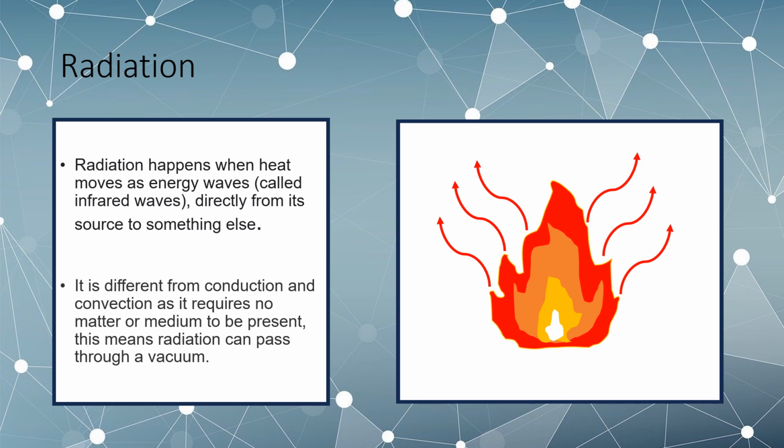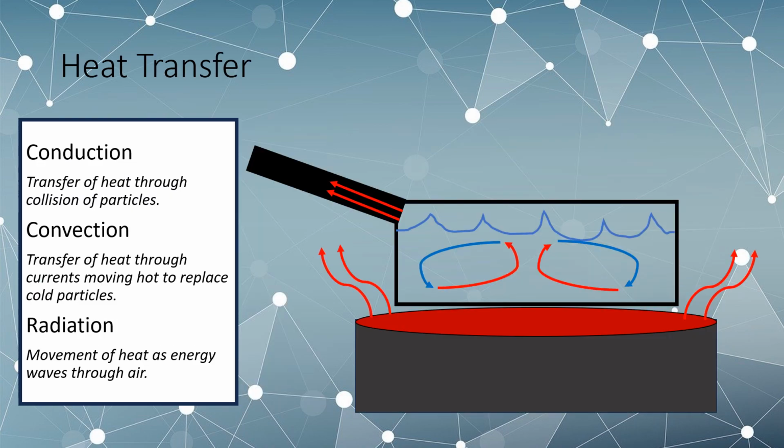The most common example of this is from the sun to Earth, as a lot of radiation or electromagnetic waves transfer that heat from the sun to our planet. There's obviously a lot more involved with that, but as we're just talking about heat transfer today, we'll just leave it at that. So, are you able to identify which set of arrows relates to each type of heat transfer?